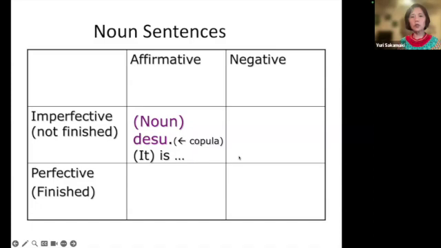And we will learn a negative form, like how to say it is not something, or it was something, or it wasn't something later on. But in lesson 1, we're going to learn how to say it is, or they are, or he is, which you will follow a noun with this.